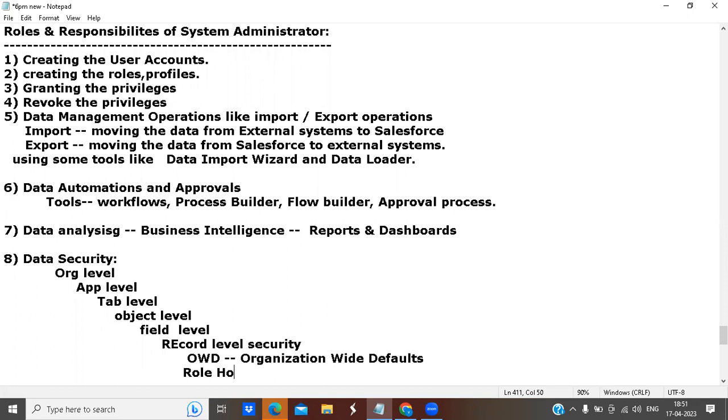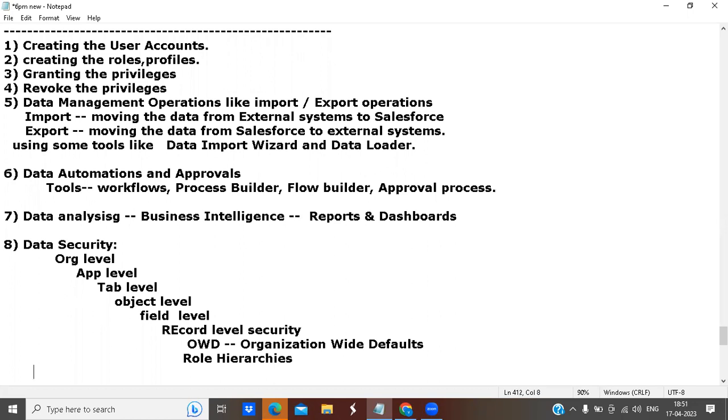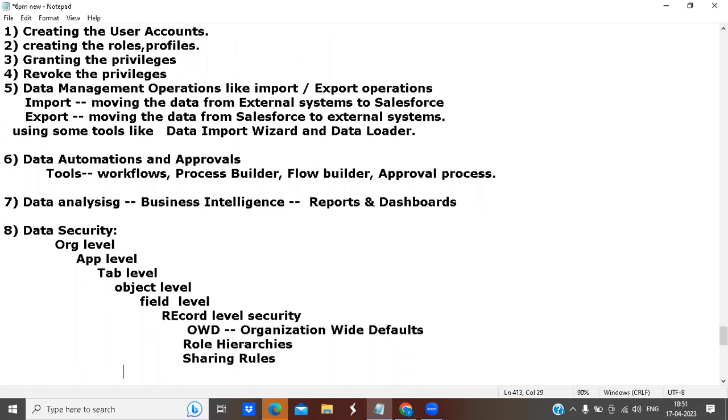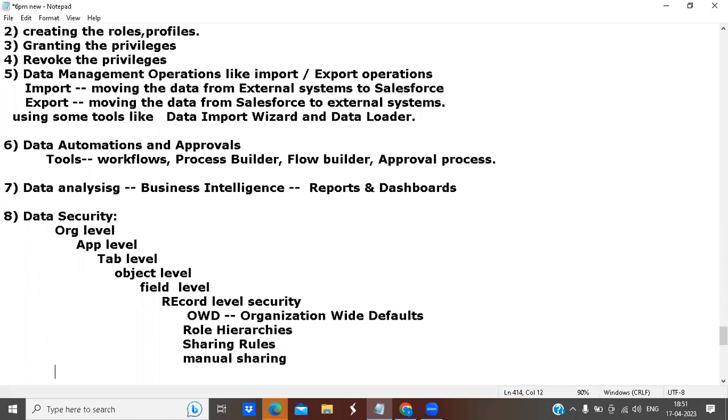Role hierarchies. Sharing rules. Manual sharing.